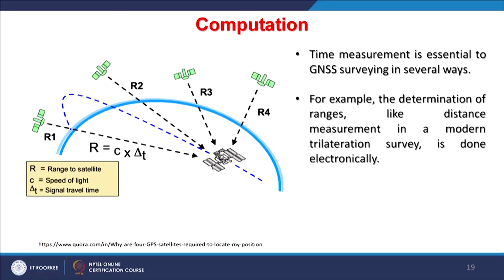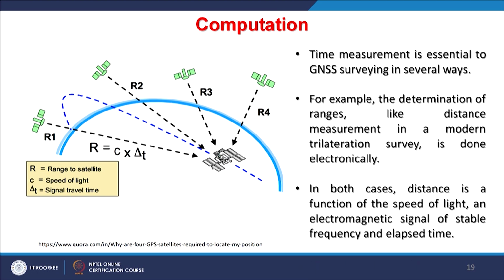So for determination of ranges, like distance measurement in a modern trilateration survey, it is done electronically in both cases, whether it is done electronically or otherwise. Distance is a function of the speed of light, an electromagnetic signal of a stable frequency, and elapsed time.